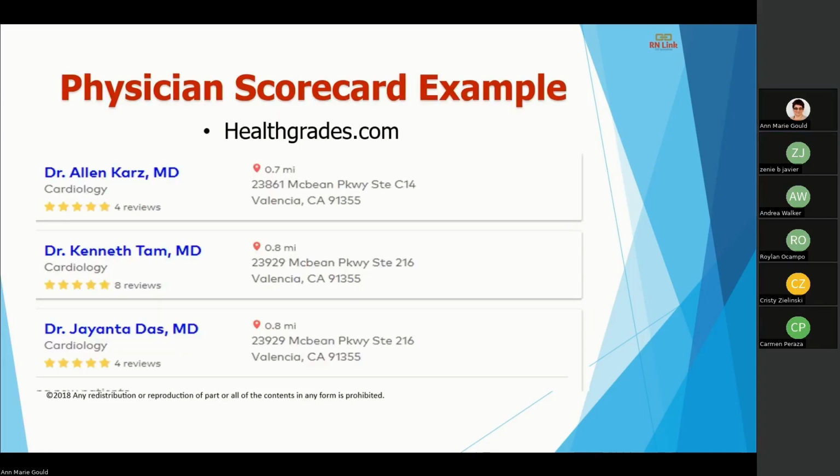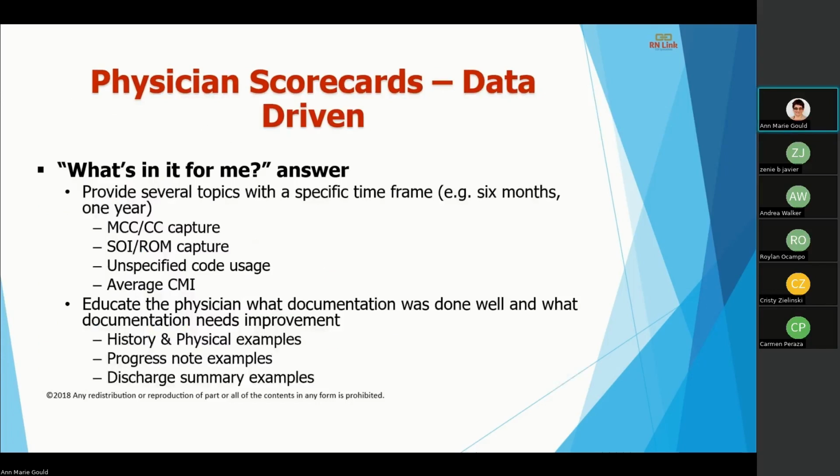Just ahead, add, like, for example, the big facilities or big corporations like Dignity Health or Kaiser or I think Adventist Health. Each facility has their own data, and then they compare it with the other facilities within the organization, and they'll say, okay, why did Northern California do better than us?